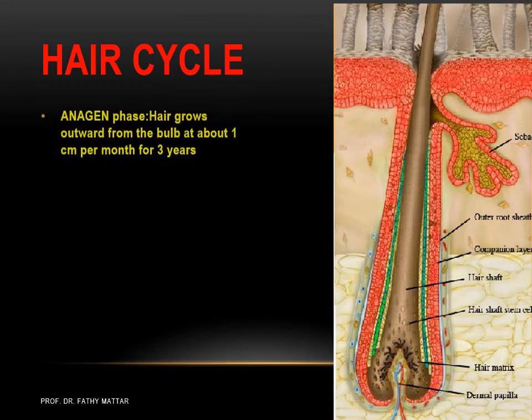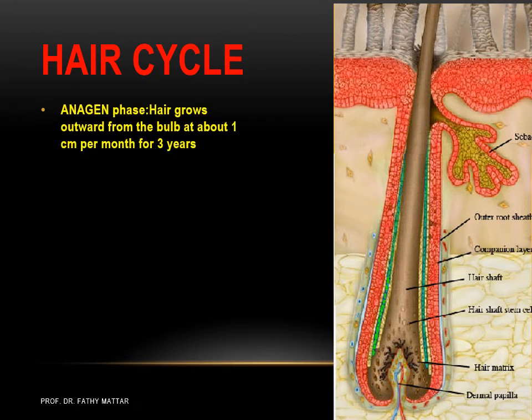Now, the hair cycle. We said that the hair has three parts, including the part that has the bulb and the hair itself. The bulb contains the cells that continuously form the hair shaft.